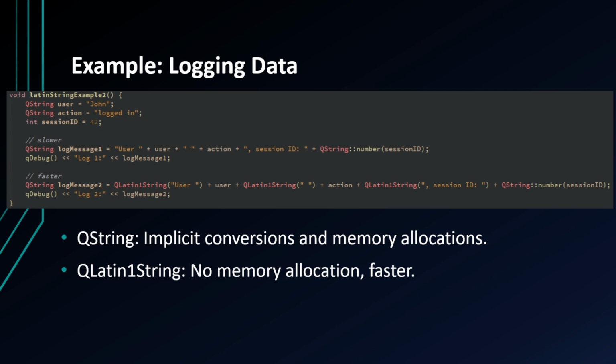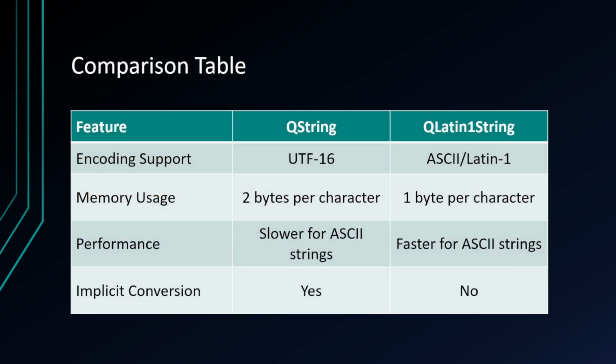To wrap up your knowledge, I made this table with the key differences between QString and QLatin1String. Here you have everything I have talked about. So encoding support: QString supports UTF-16, meanwhile QLatin1String supports ASCII. Then memory usage: 2 bytes per character, 1 byte per character.